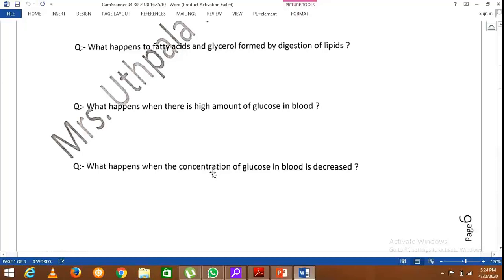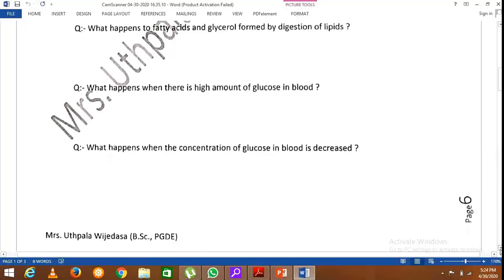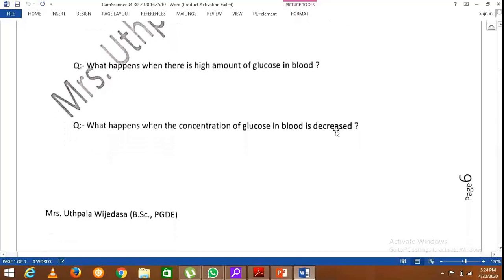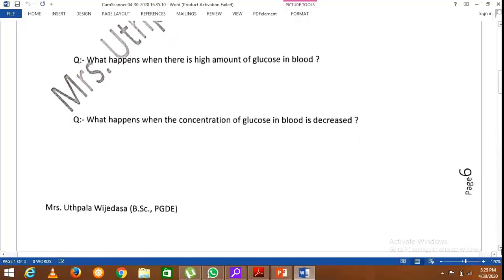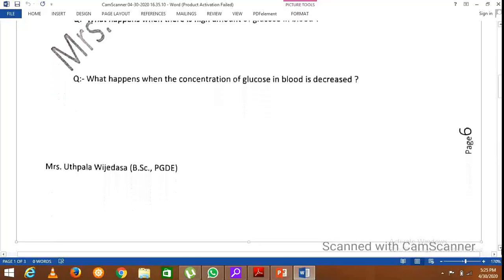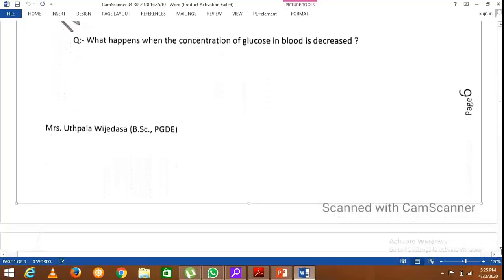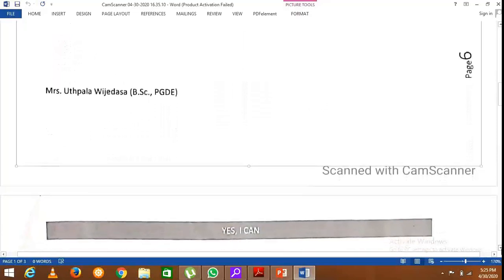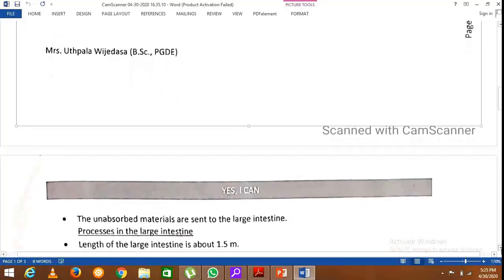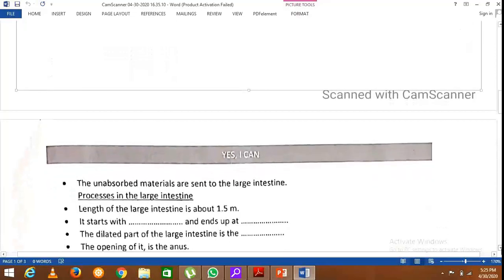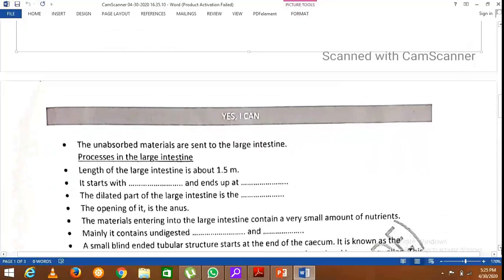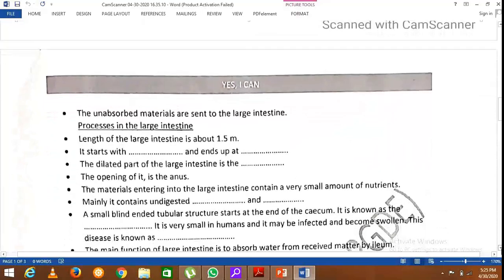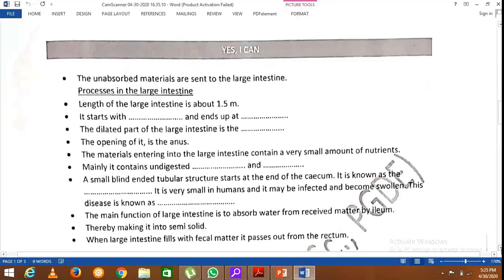And when the glucose concentration in blood is decreased, again that stored glycogen is converted into glucose and added to bloodstream. This happens due to action of certain enzymes. Later we will learn about these.